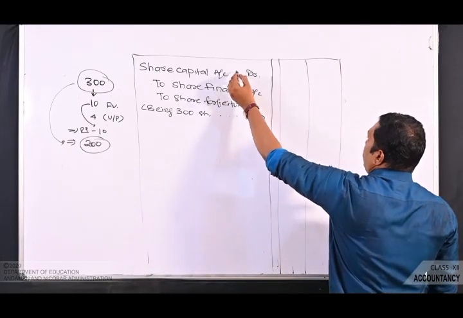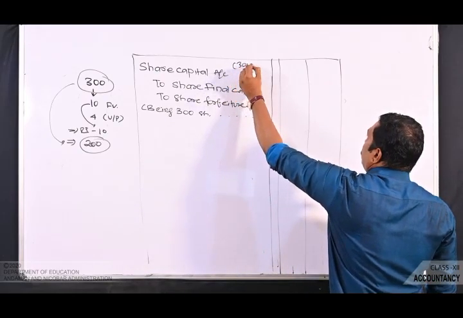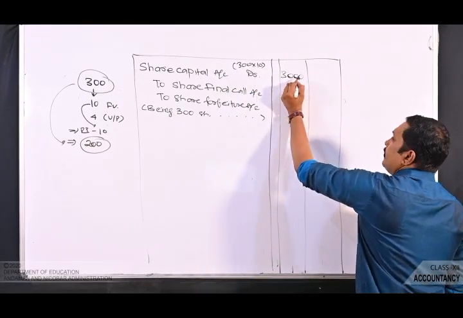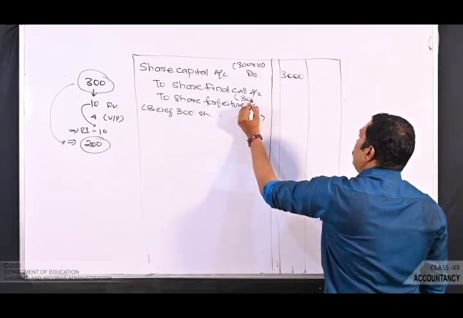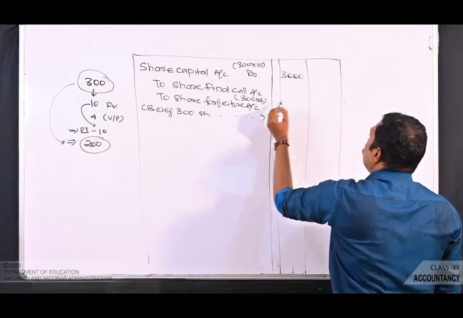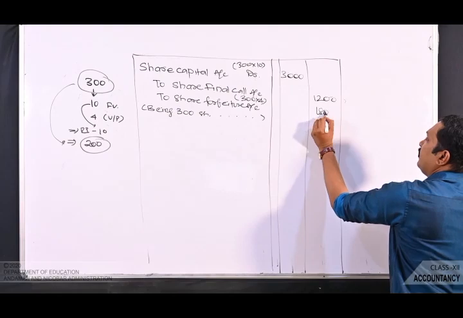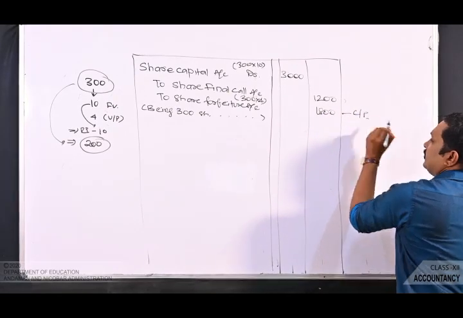So the amount for share capital, that is 300 into called up amount, that is 3000. In final call, 300 into 4, 1200. The balance amount 1800 is the capital profit.